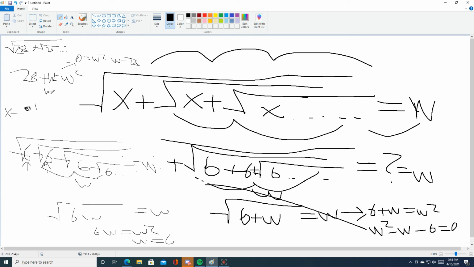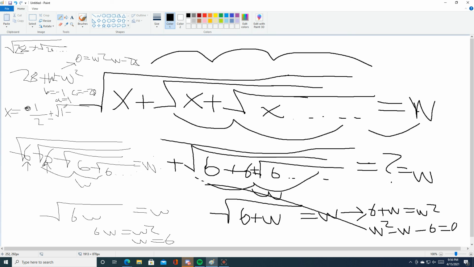So I'll write it down here. b equals negative 1, a equals 1, and c equals negative 28. So it would be 1 over 2 times a, 2 times 1, plus or minus the square root of b squared minus 4ac.